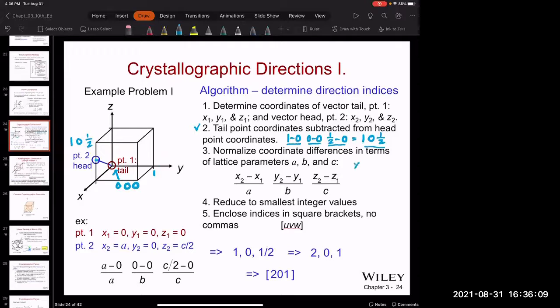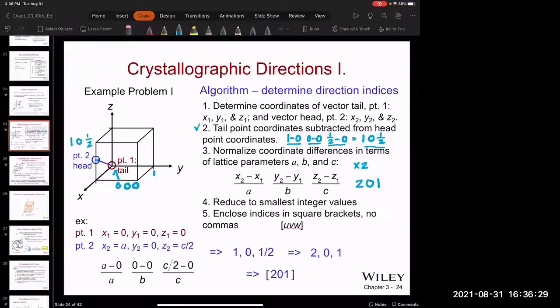Well, if we multiply by 2, then I get 2, 0, and 1. So when we define the direction, we get this direction, which is 2, 0, 1.